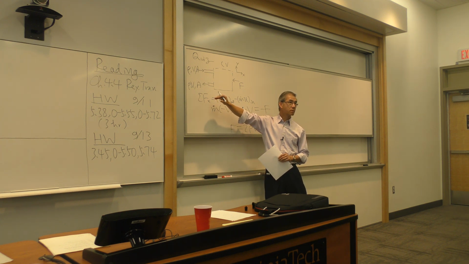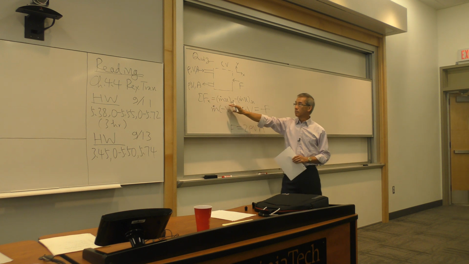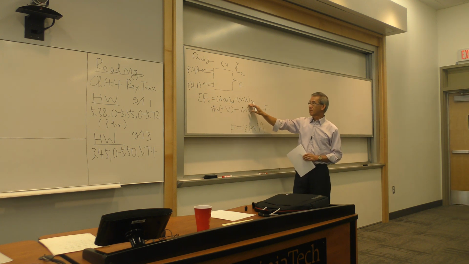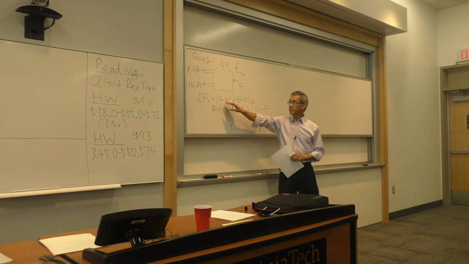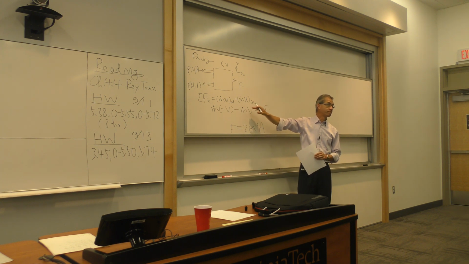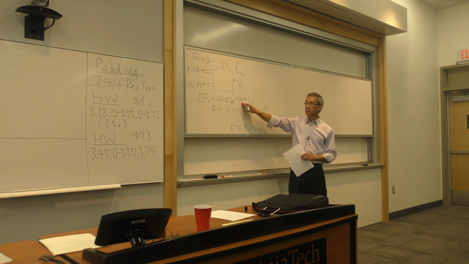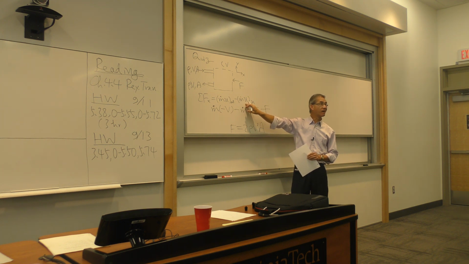Body forces, okay? Then M dot U out minus M dot U in. The sign is always out minus in. And the M dot is a scalar, a flow rate, no direction, no sign. U is the velocity parallel to the x direction with the appropriate sign.